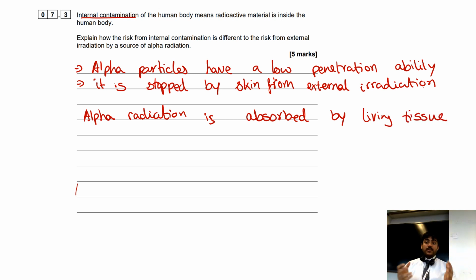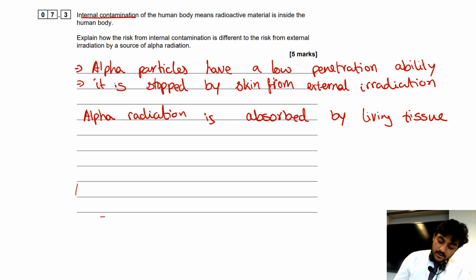Alright, it's dangerous because my cells inside me will absorb the alpha radiation that is right next to it. And it's dangerous because alpha radiation is very highly ionizing, which means it can knock electrons off particles. And because it's highly ionizing, it can cause harm to cells and increase the risk of cancer.